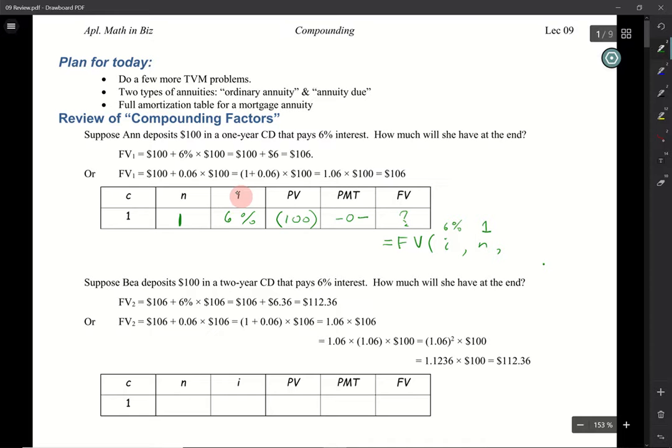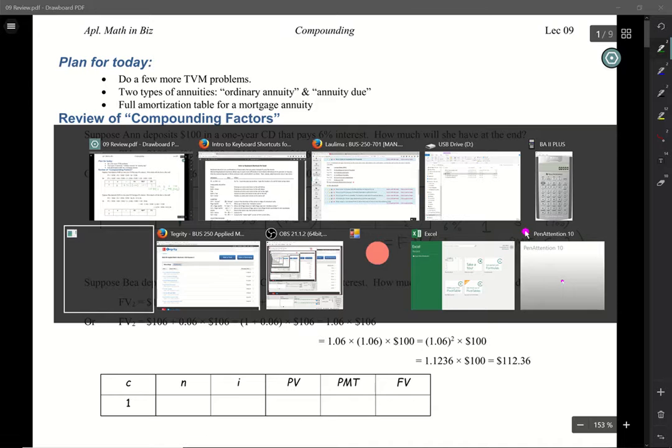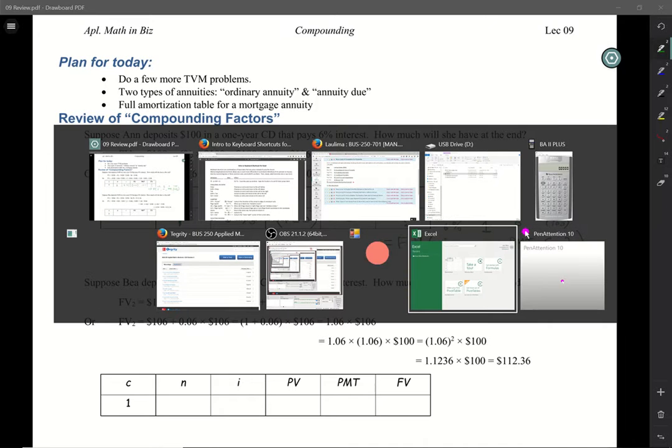Then it asks you for the annuity amount, so you might refer to that cell, which would be 0. Then you have to specify the present value, which would be negative 100. Let's do that in Excel very quickly.